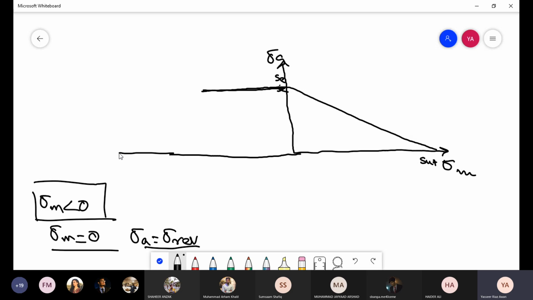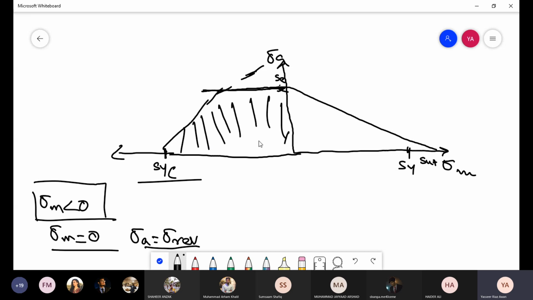Obviously, as you have SY here, you also have SY here. So we have to check for yielding also in compression. So this would be the total region which is safe.